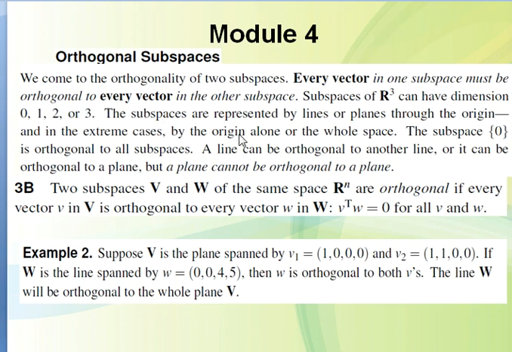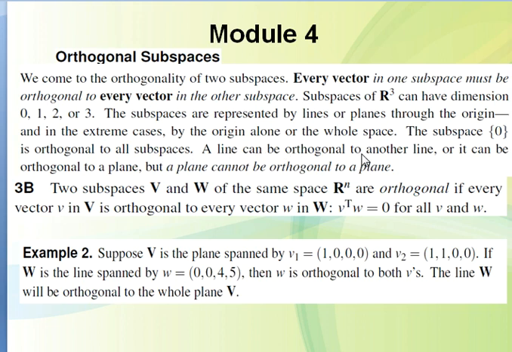The subspaces may be a line or a plane through the origin. And we can say that the zero subspace is orthogonal to all subspaces.